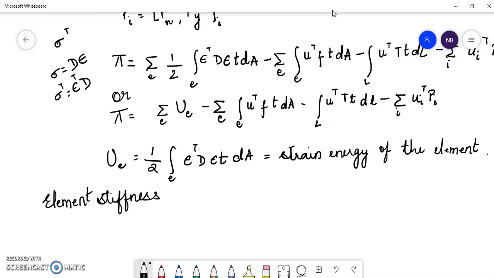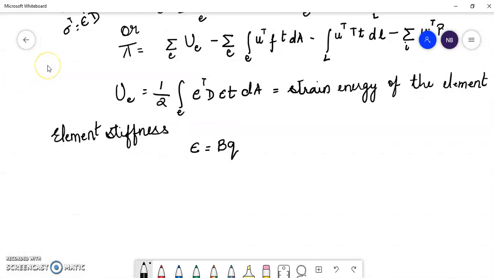So we know that the strain is given by B into Q, where B is the strain displacement matrix and Q is the displacement vector.